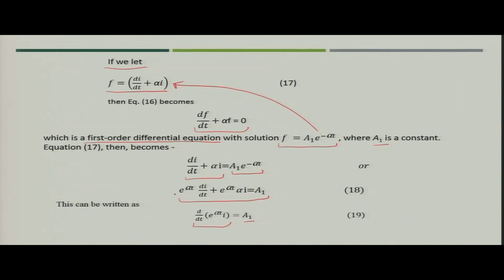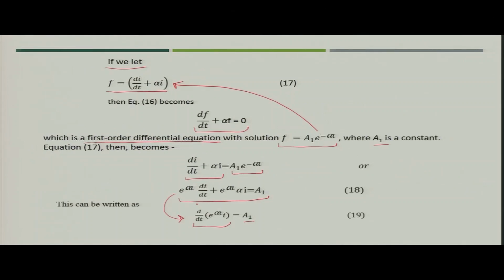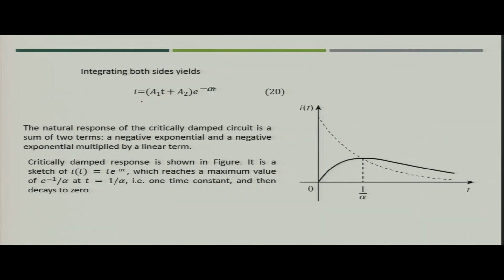Next, you have to simply integrate the equation on both sides. When you integrate, you will get the value of I as nothing but (a1 t plus a2) e to the power minus alpha t.